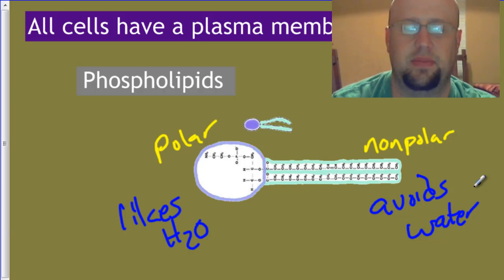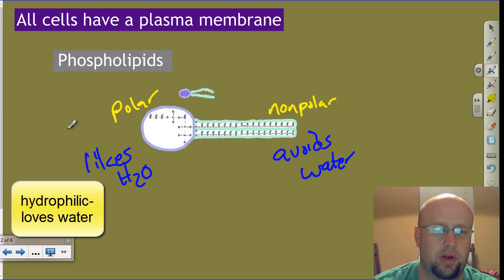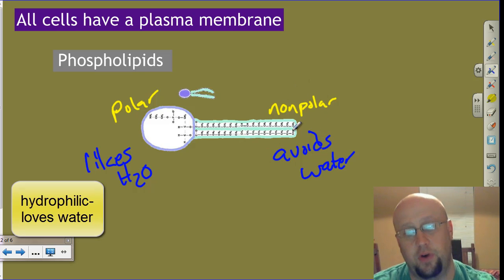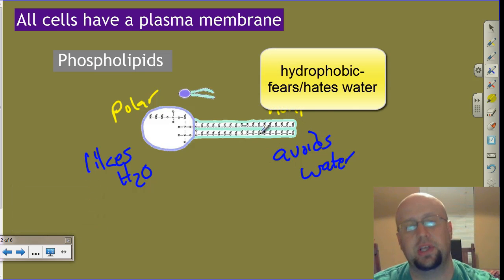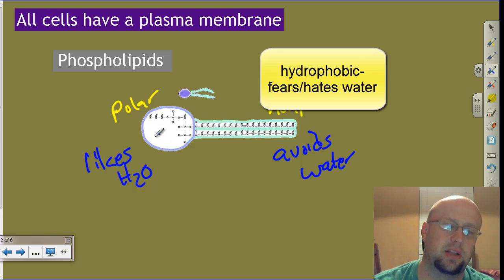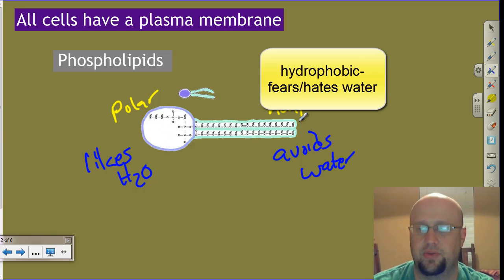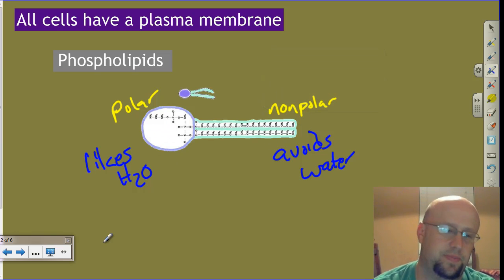These have technical scientific names. We would say that this end is hydrophilic and this end is hydrophobic. Essentially, this end is attracted to water, and this end tries to avoid water at all costs. So that is a phospholipid molecule.